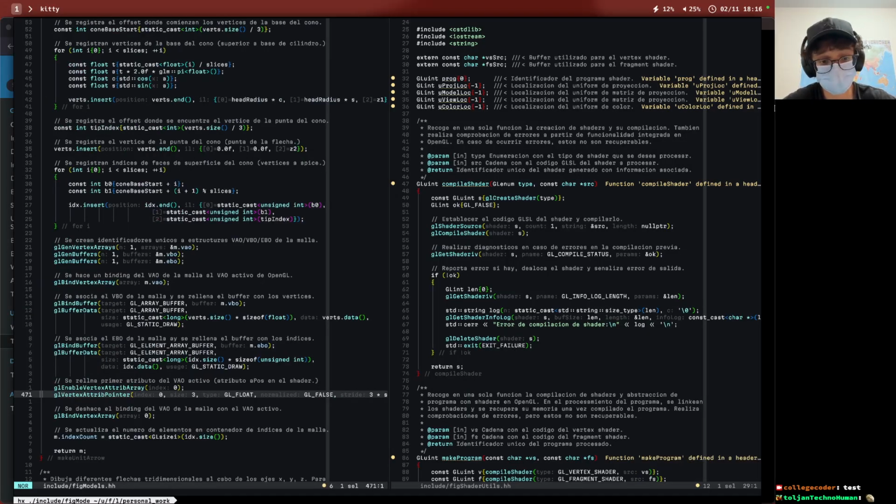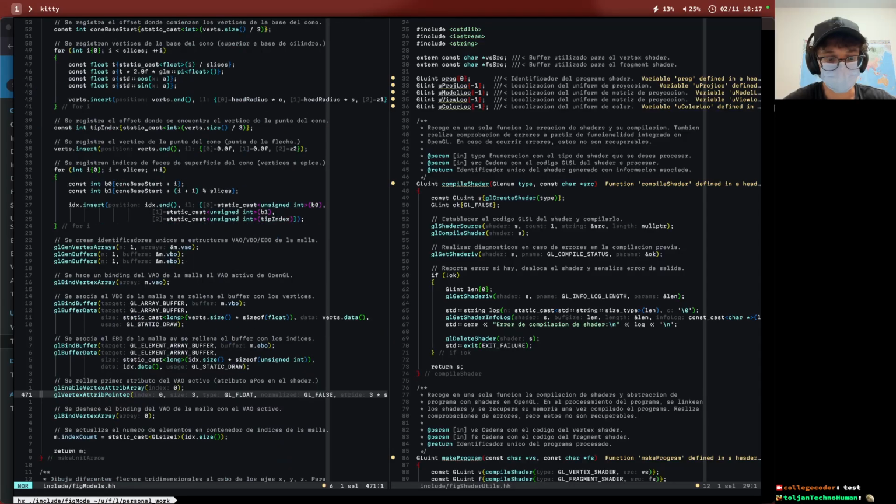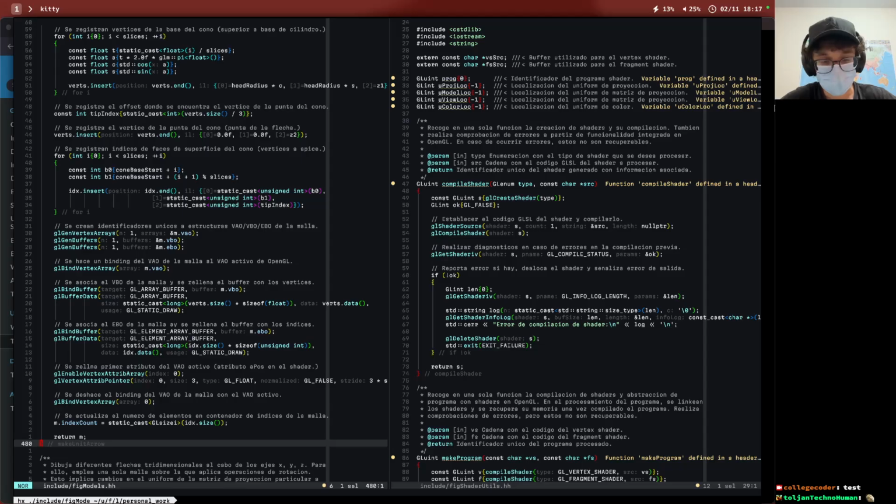Remember, vertex attribute array 0 is the one that we associate with position. When we use a mesh, as we use in this case, then we have normals as attribute 2 and UV texture coordinates as attribute 3. I mean, third attribute, so attribute 2. Then we unbound it, we update the index count, we return the mesh, whatever.